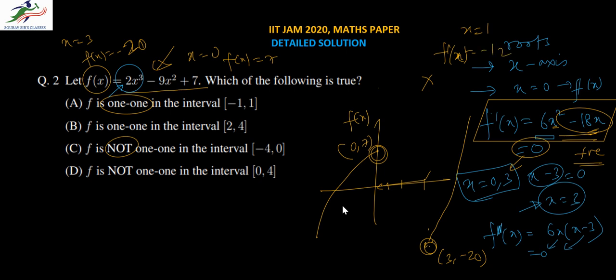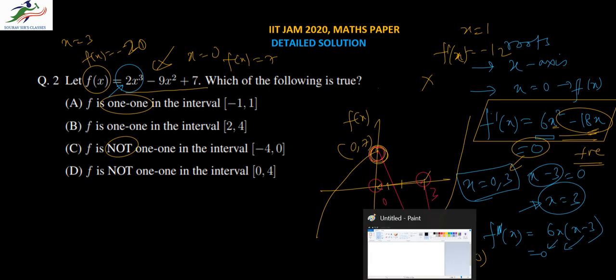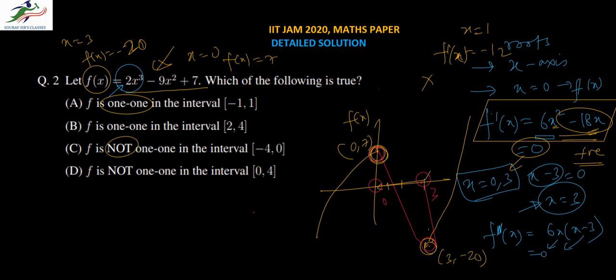That means anywhere between these 2 points, the curve or the function will be decreasing. So this will be the nature of the curve, which means that between x equal to 0 and x equal to 3, the nature of the curve reverses. And this is exactly the concept that you need to answer this question.